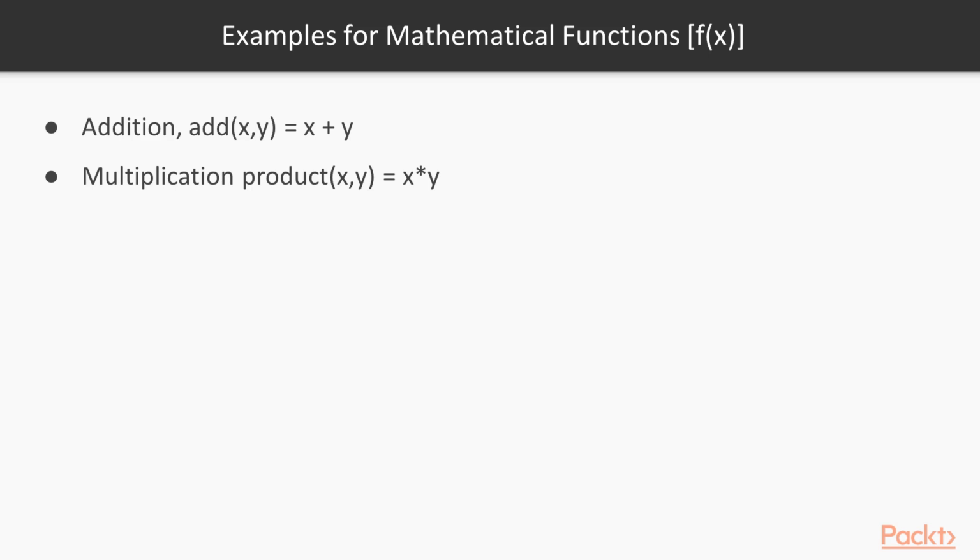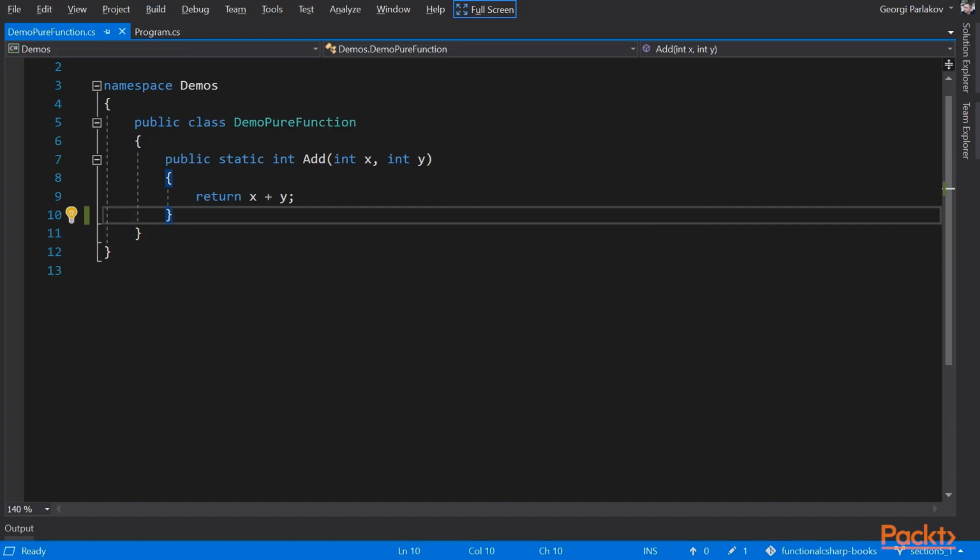Let's demo one such function in code. So we're back in Visual Studio, and here I've implemented the add function. All it ever does is receive two inputs and give back one output, the sum of the two inputs. This method is pure.